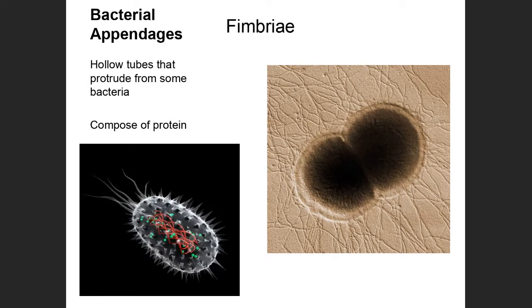So here is a micrograph. It's a scanning electron micrograph that's been a little bit enhanced, but you can see the fimbriae surrounding them completely. What is the arrangement of these cells here? Somebody tell me.